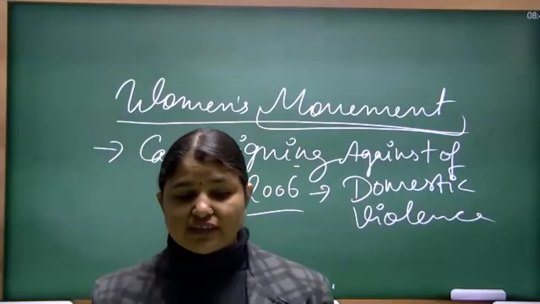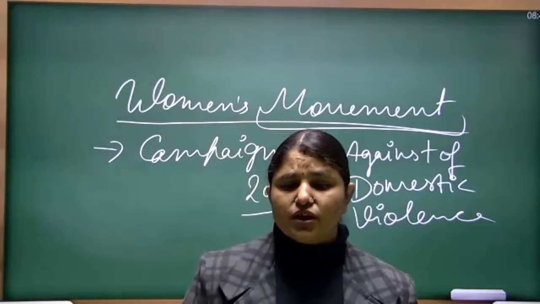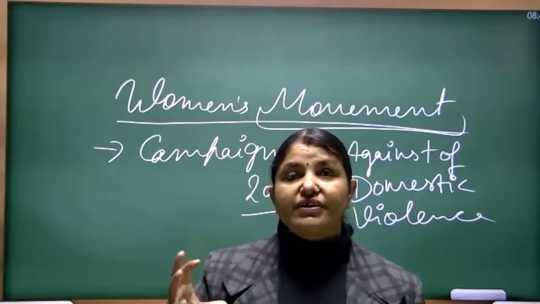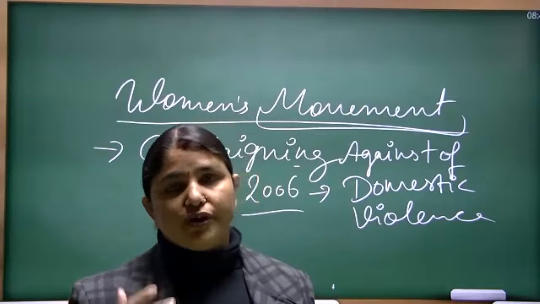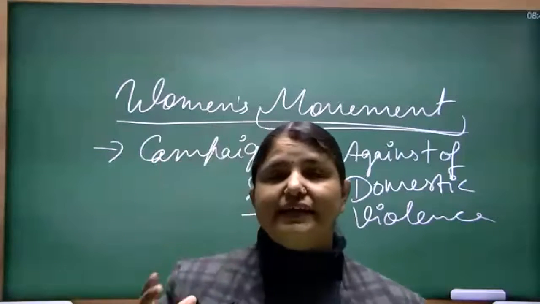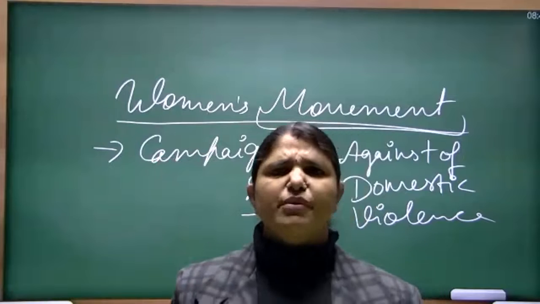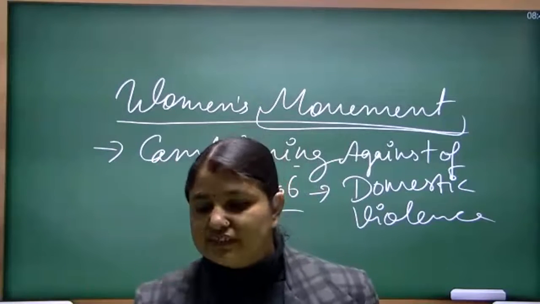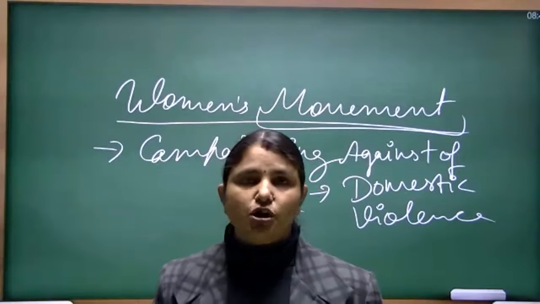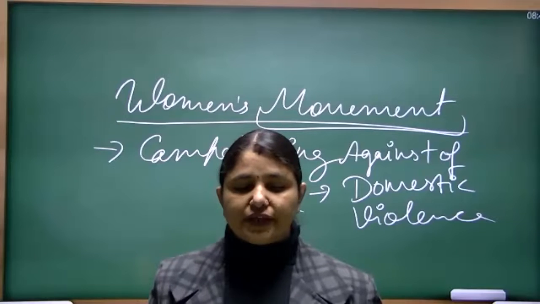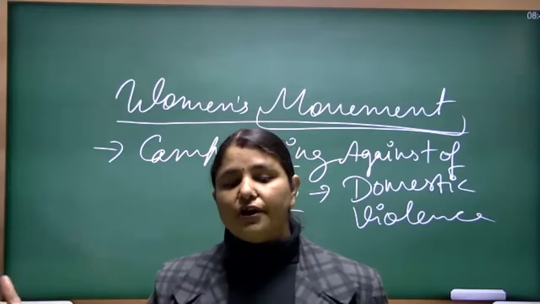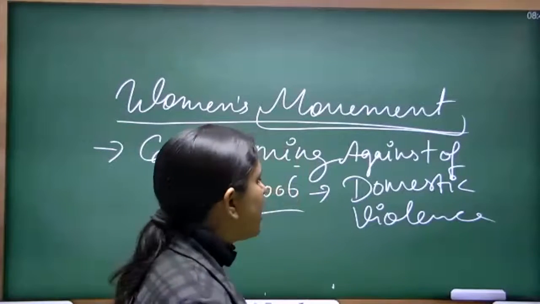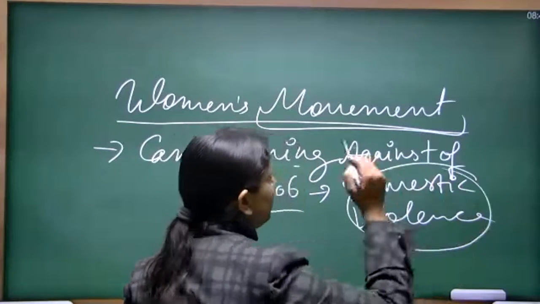Domestic violence means physical abuse of a wife by her husband. Maybe he is beating his wife, or saying abusive words, or mentally torturing her. Any kind of wrong thing happening with a wife by her husband or in-laws comes in the category of domestic violence.